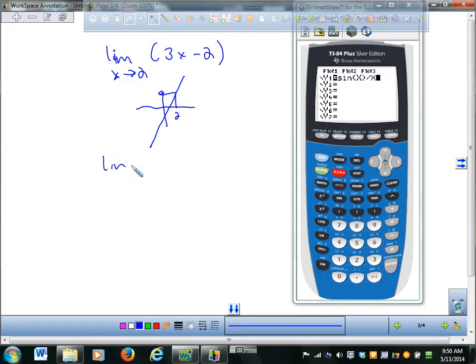Find the limit of sine of x over x as x goes to 0. What happens as x goes to 0? What happens if I plug in 0 in here and 0 in here? I get 0 over 0, which is called indeterminate. You can't tell anything about it, okay?